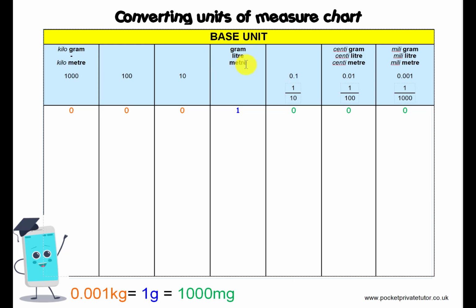If I go the other way, from 1 this way is always my tenth, this way is always my hundredths. Now my hundredths are going to be my centi. So my centigram, my centilitre or my centimetre, and 1,000ths are always going to be my millis. My milligram, millilitre, millimetre.